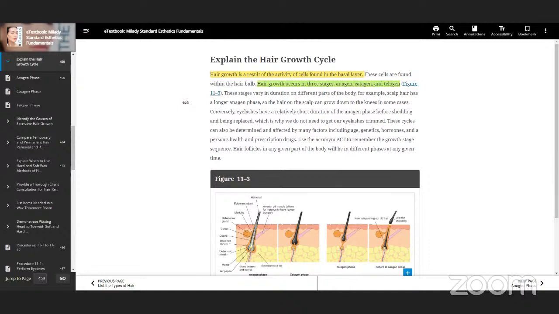Then you got anagen, catagen, and telogen. It's the growth cycle of the hair. Anagen is the growth, the catagen is the pause, and the telogen is the fallout and the shedding. Ooh, look at y'all.